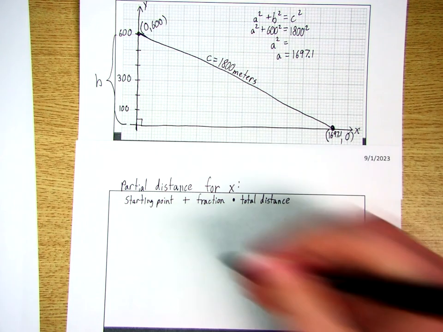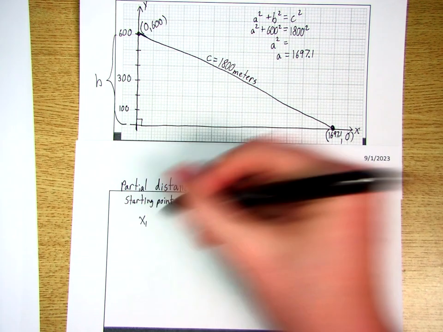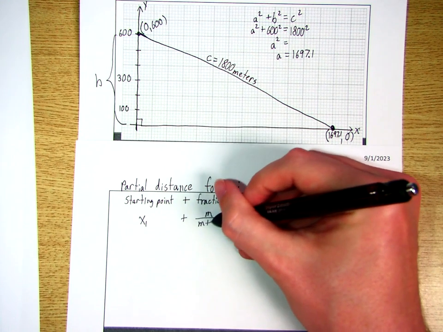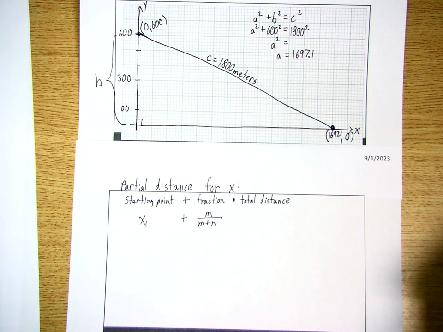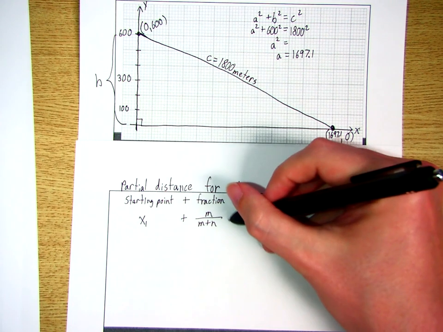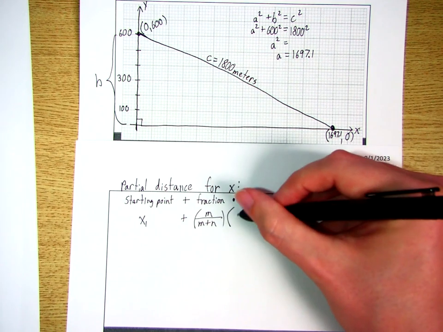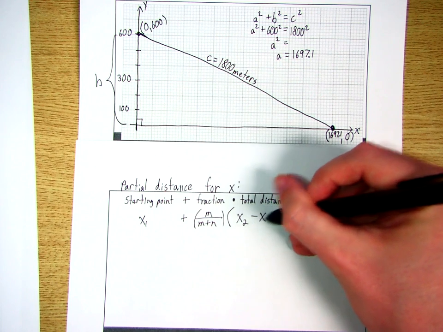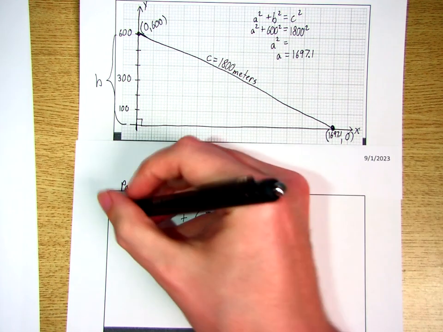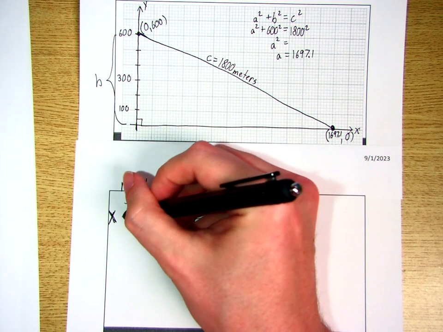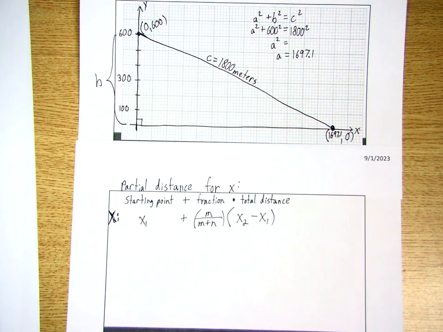Our formula for that, again, looks like x1 plus m over m plus n. We're just converting our ratio of 1 to 2 into a fraction times the total distance. The total distance is x2 minus x1. This will give us some x value that we care about.